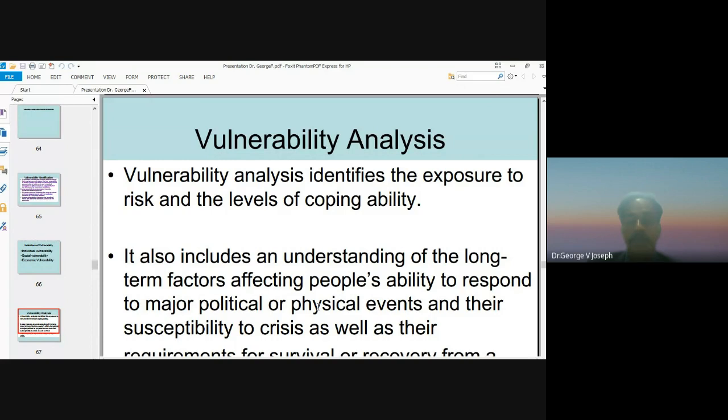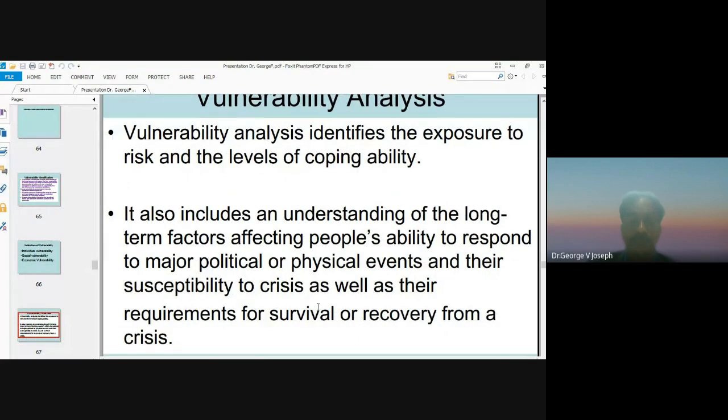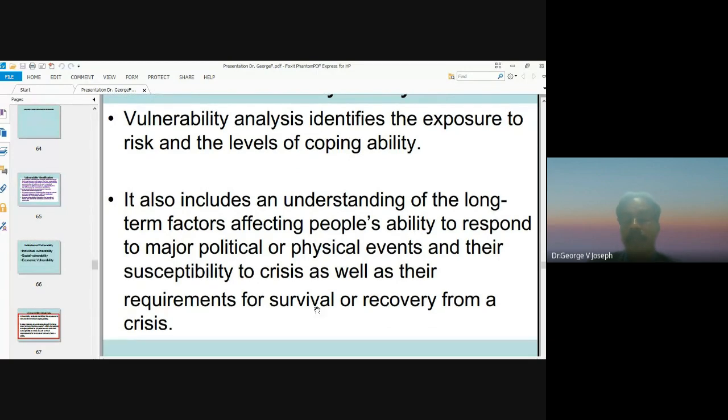It also includes understanding of long-term factors affecting people's ability to respond to major political or physical events, their susceptibility to crisis, and the requirement for survival and recovery from that crisis. So resources are a very important factor, and coping capability and resilience of the community are also very important.